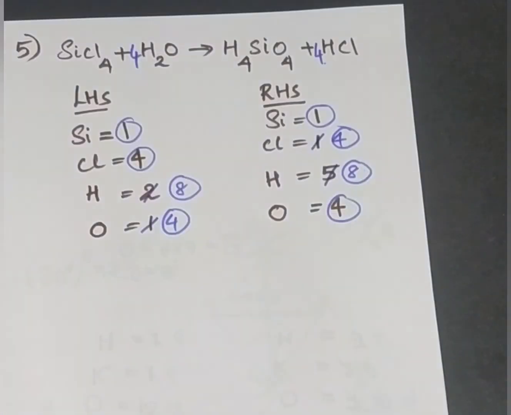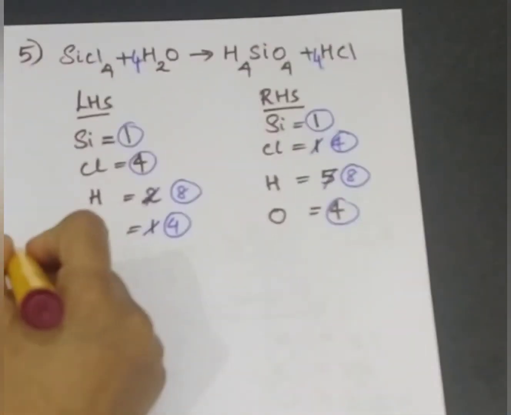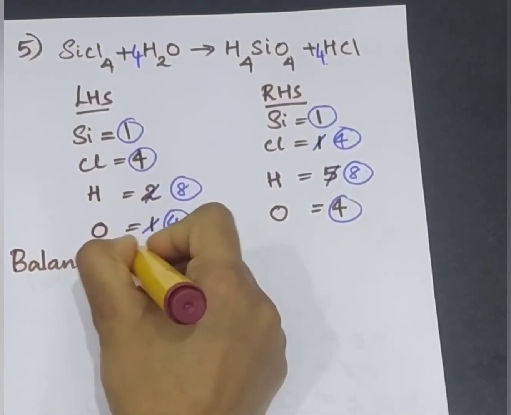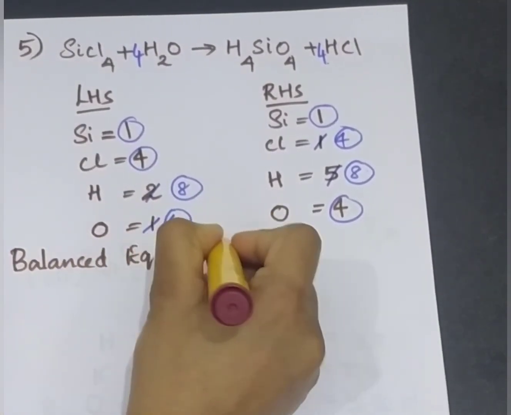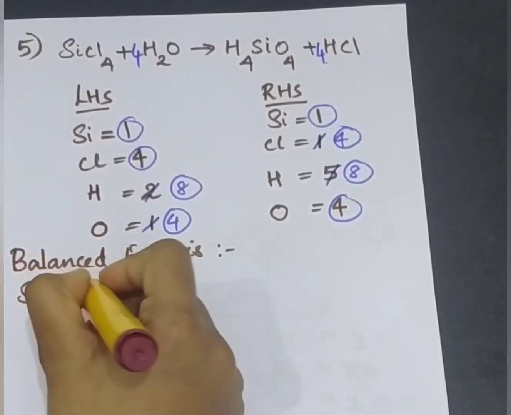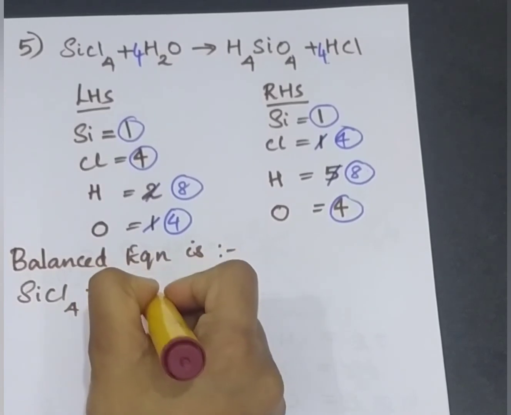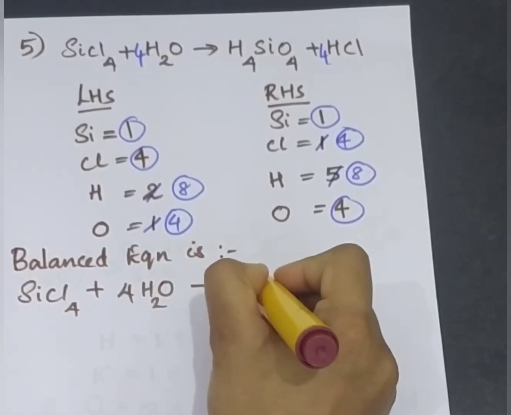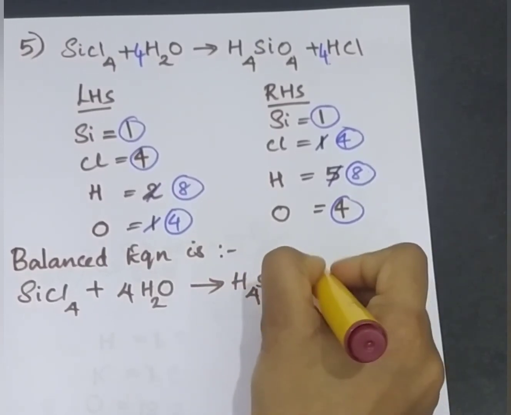So the balanced equation is SiCl4 plus 4H2O gives H4SiO4 plus 4HCl.